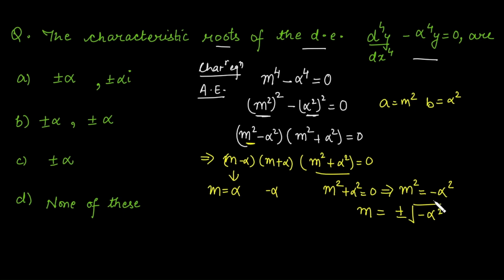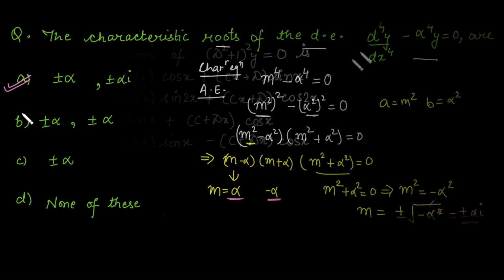So this square gets cancelled with the square root, and the root of negative is iota. So this gets converted into plus minus alpha into iota. So four roots are there. One is alpha, another is minus alpha, and then plus minus alpha into iota. It means option A is correct.